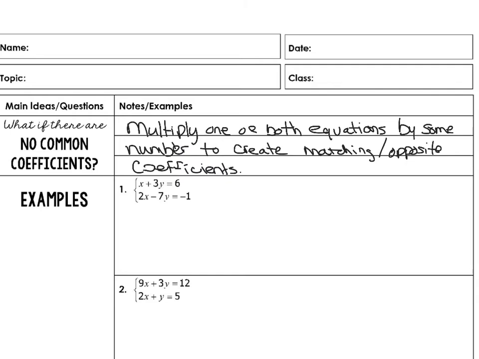All right, so last time we were just adding or subtracting coefficients that were the same or the opposite. So now we're going to multiply one of the equations to make them the opposite or the same. Okay, so let's look at this one. For the x's, I've got 1 and 2 as my coefficients.